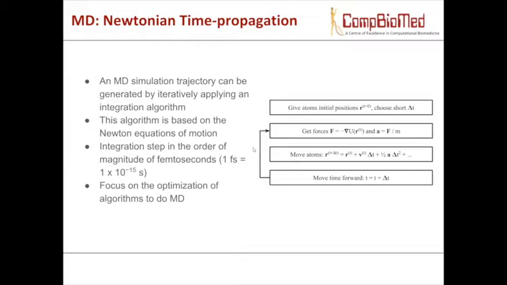So basically, once you have these parameters, MD becomes fairly simple. It's just applying classical mechanics, which are Newton's equations of motion, to move these atoms along space and along time. Given some initial positions of these atoms, you choose a short time step, which is usually in the order of femtoseconds, between 1 to 4 femtoseconds.